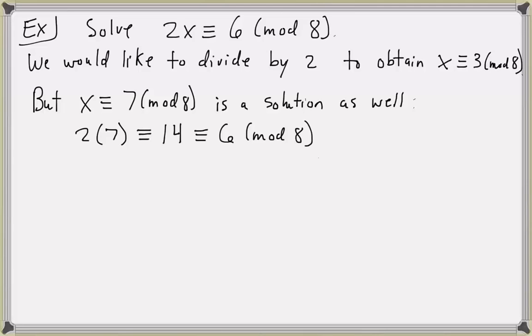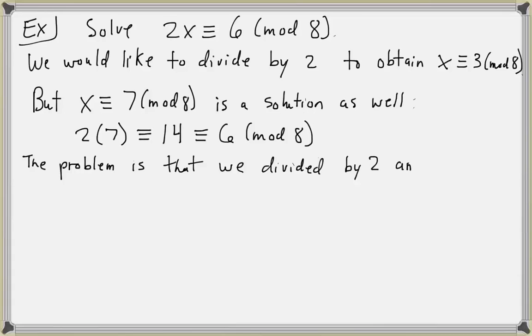So the problem with our division is that when we divide by 2, notice that the modulus 8 is also divisible by 2. We have to worry about that when we're using division. So the problem is that we divided by 2, and 2 and 8 are not relatively prime.